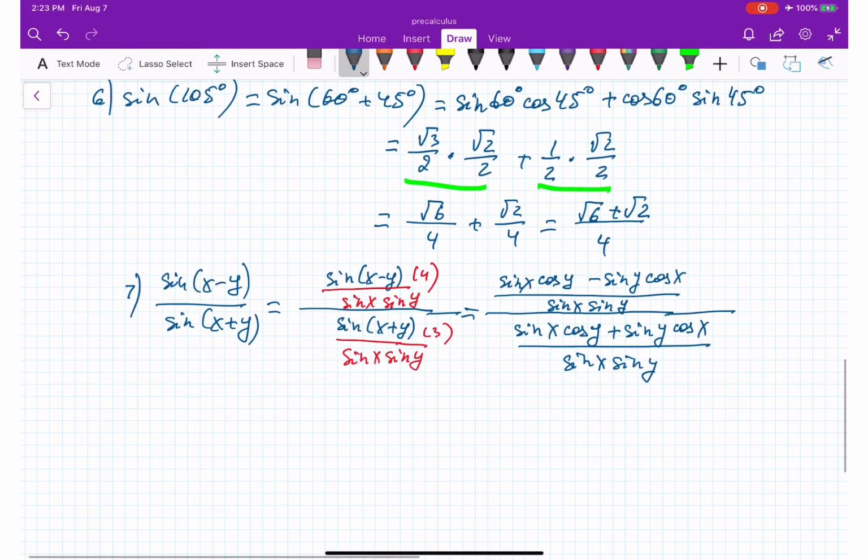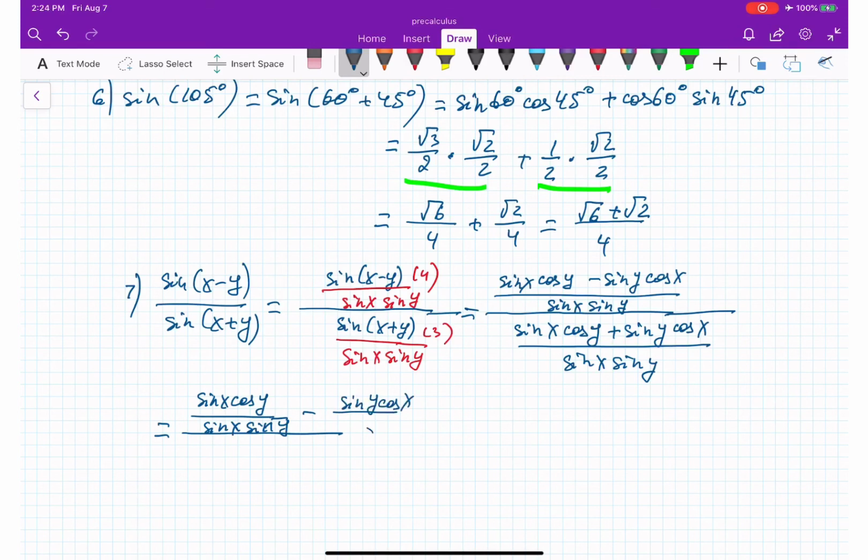Okay, this is going to be equal. So we are going to separate sine x cosine y over sine x sine y, and then minus sine y cosine x, again divided by sine x sine y.